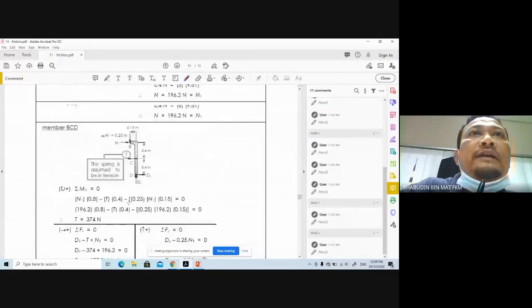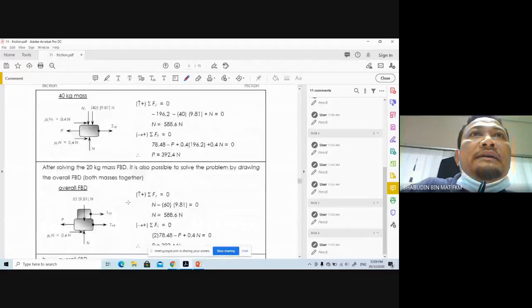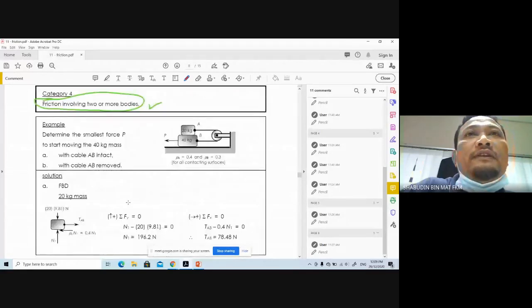So we move on to category 4 first. Category 4, look at that. Okay, this is category 4. Determine the smallest force P to start moving. The first situation, the cable AB is intact.